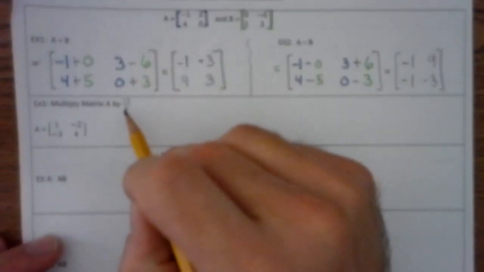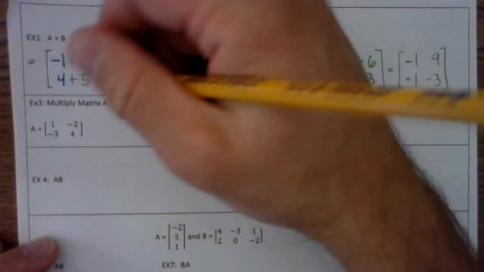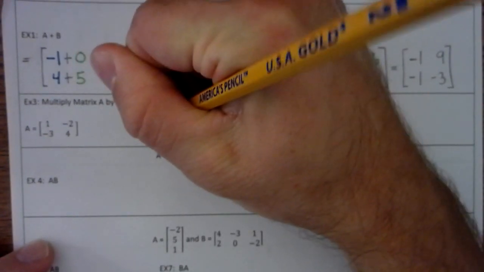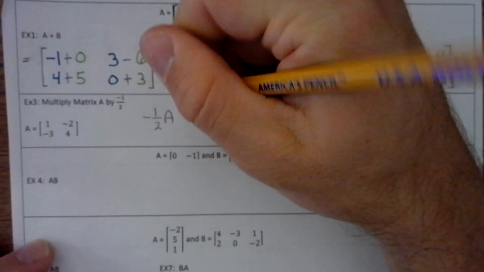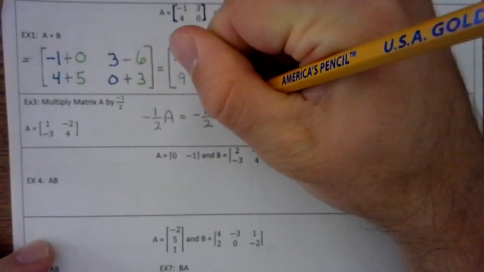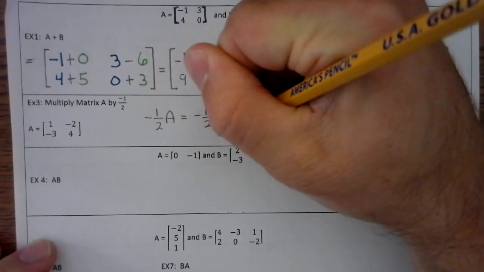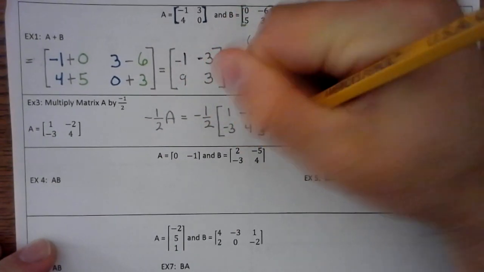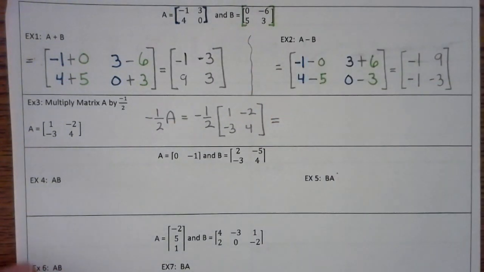So now we're multiplying by negative 1/2. So that's negative 1/2 times A, which equals negative 1/2 times the matrix 1, negative 3, negative 2, 4. So basically when you do that, you multiply everything by negative 1/2.